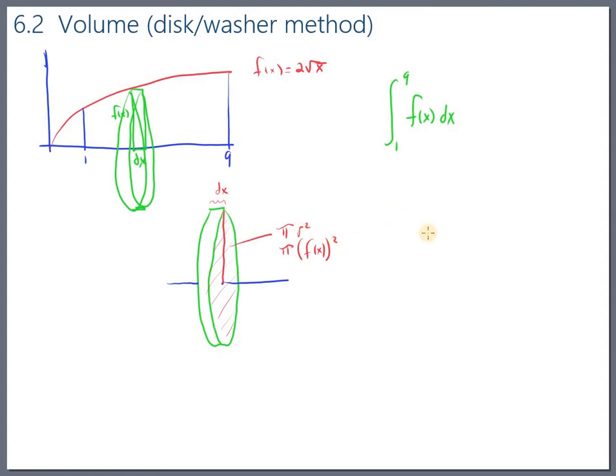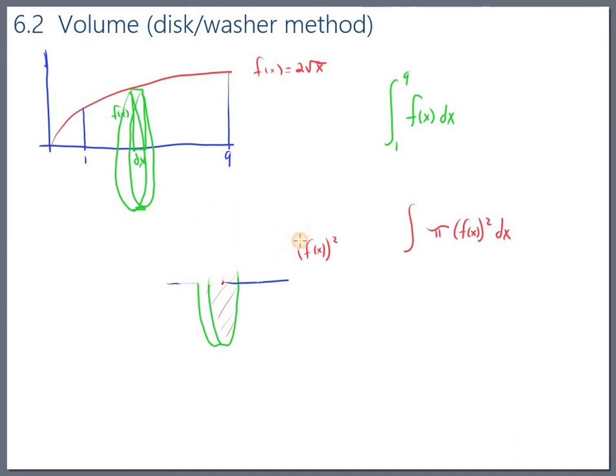So the volume of one disk is pi f of x squared dx. And then again, we just use the magic S, the integral, which gives you infinitely many, infinitely skinny disks, all added up. So let's see if we can actually work that out on our particular example here.